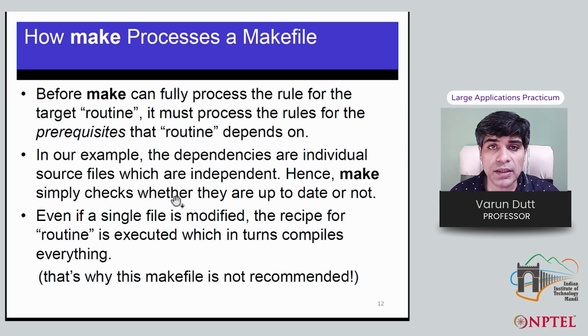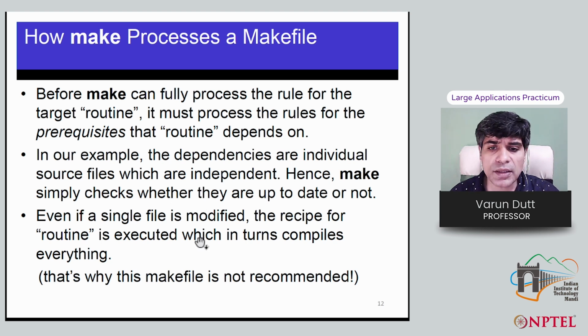However, if these are .o files or intermediate files or linked files, then Make may search for how to create these files first, by looking at the rules for the creation of these prerequisites, and then execute the rule which uses these prerequisites to create the target.